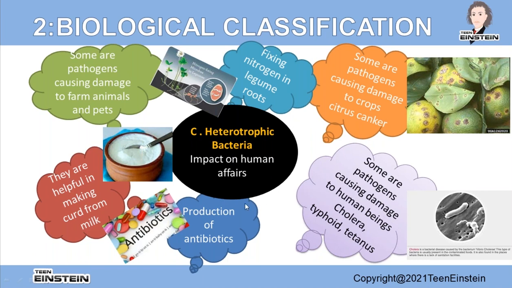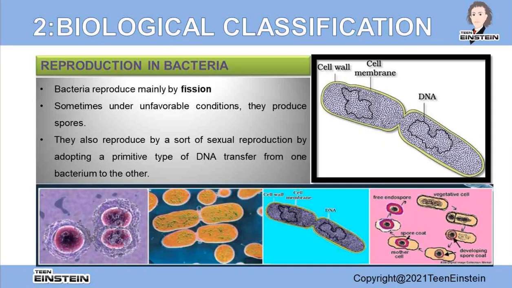So what are all the roles? Some are animal pathogens, some are plant pathogens, and some are human pathogens. Then they fix atmospheric nitrogen in the roots of leguminous plants. Then production of antibiotics and helping to form curd from milk.